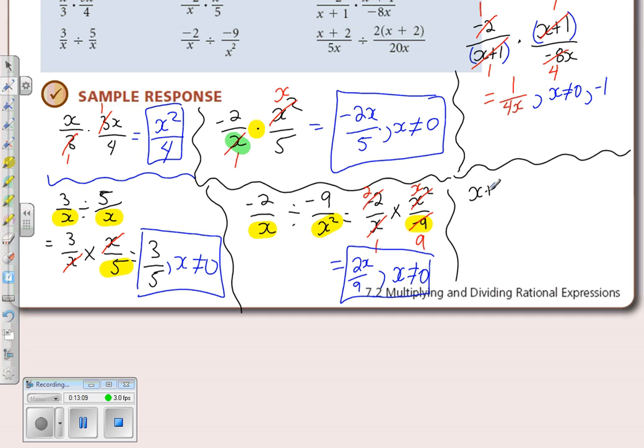Again, pause it, and then try it yourself, and then replay. So let's multiply by the reciprocal. Multiplied by 20x over 2x plus 2.